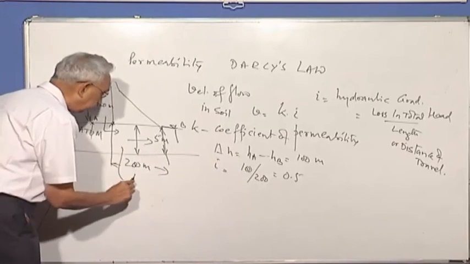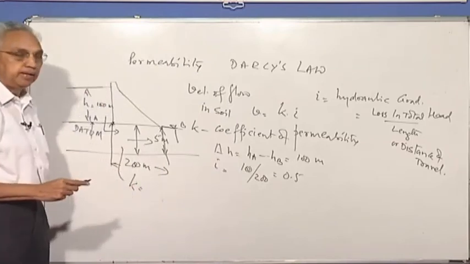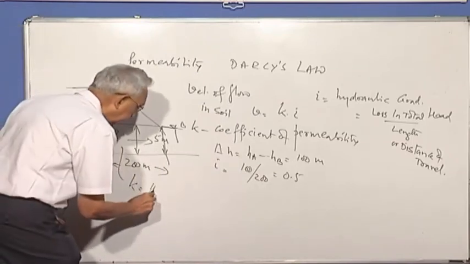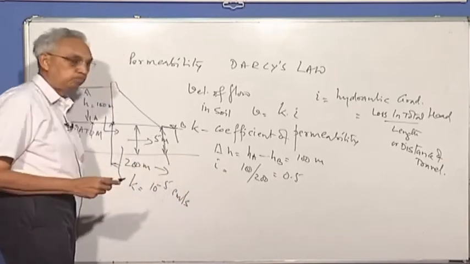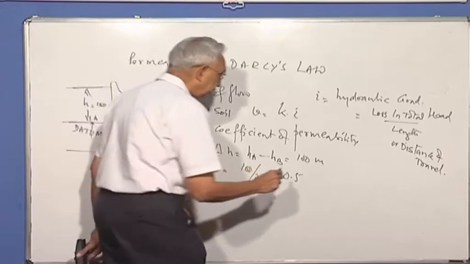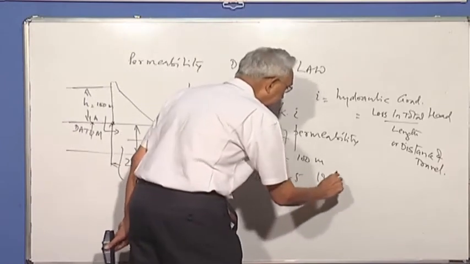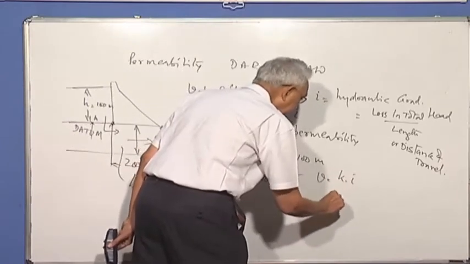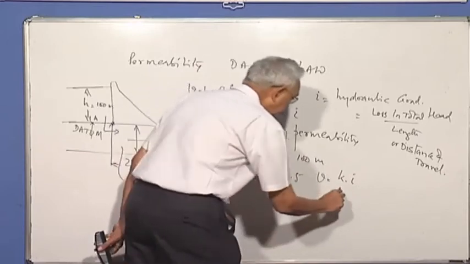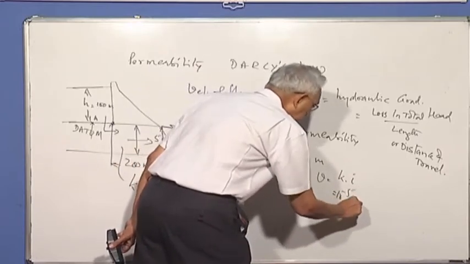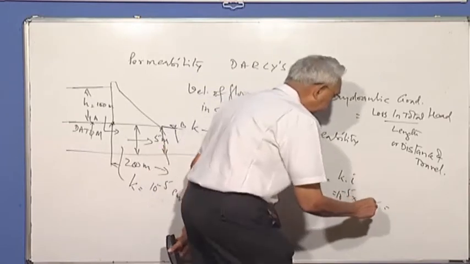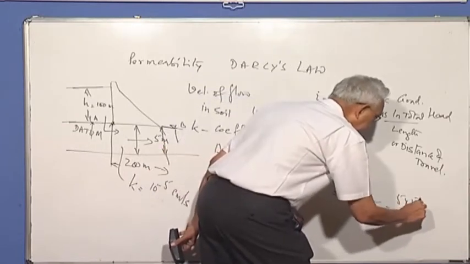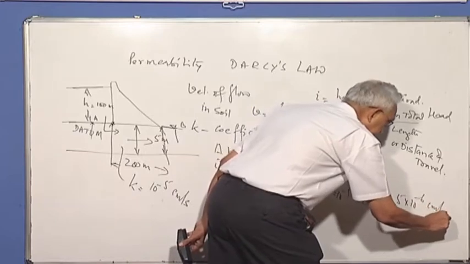Let's say the permeability of the soil is something like, say, 10 to the power of minus 5 centimeters per second. So the velocity of flow is equal to K into I, K is equal to 10 to the power of minus 5 into 0.5. So that gives me 5 into 10 to the power of minus 6 centimeters per second.